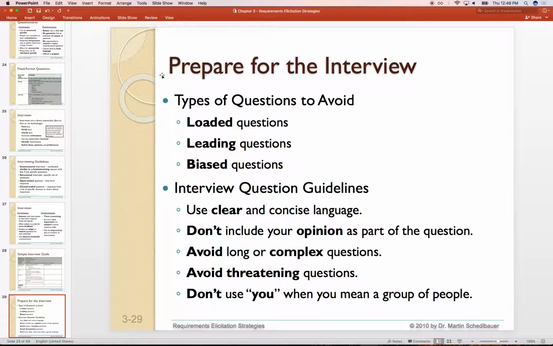Can you explain what loaded questions and leading questions mean? Something where you're expecting a particular response, right? So you know that it's going to be a controversial question, and you want to elicit a particular response. As opposed to that, you would take a very objective question and have them tell you what they think, rather than asking it in a way that would elicit them to respond in a particular aggressive way.